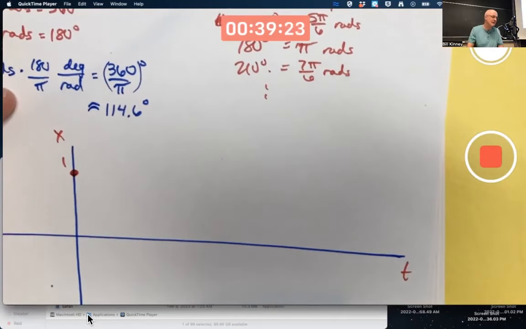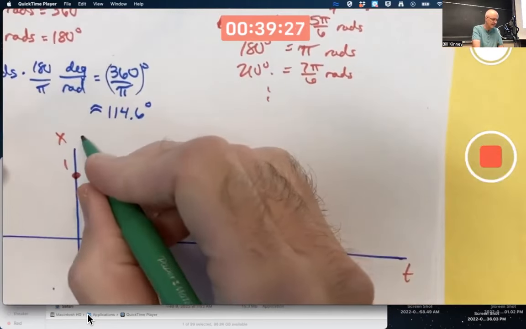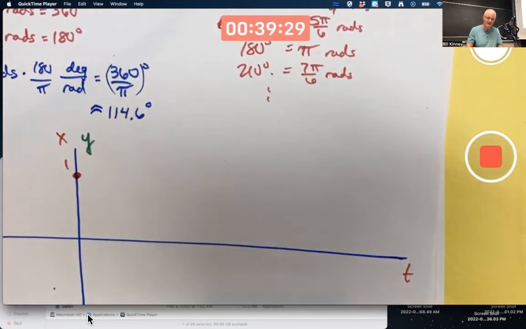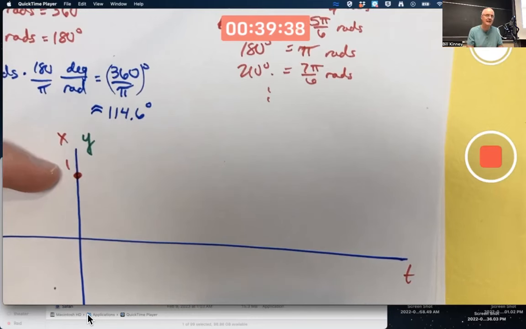And since sine is the y coordinate, I'll do a different color for sine, say green. This axis represents both letters, is what I'm trying to say. It represents the x coordinate of trig bug in the original picture for the red graph, and the y coordinate of trig bug in the original picture for the green graph.